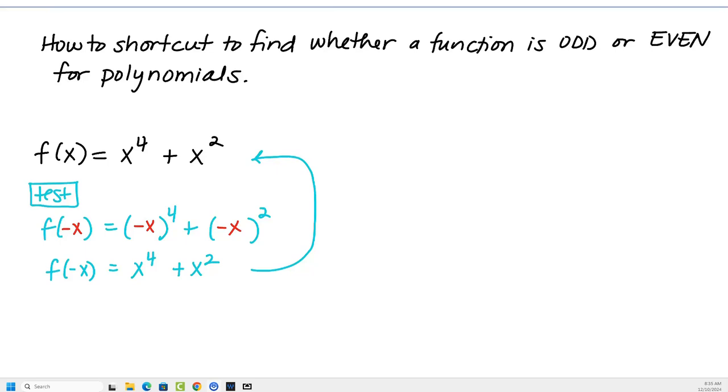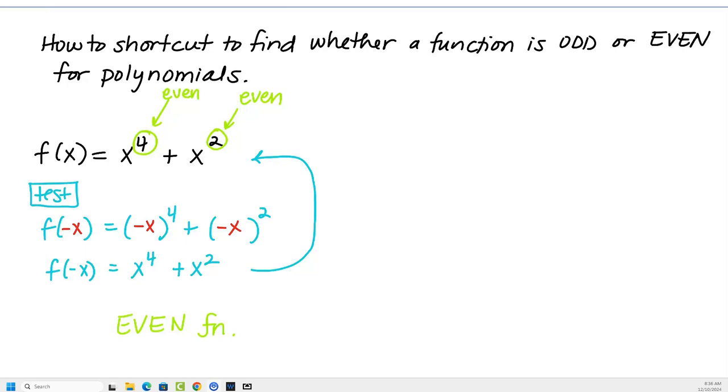Well, what about it made those signs change such that it would match the original? Yeah, it's those even exponents, right? Notice that this is an even exponent here, and this is an even exponent here. And so because of that, this becomes an even function. I'm going to abbreviate function fn.